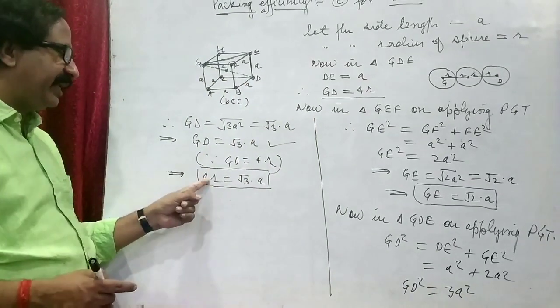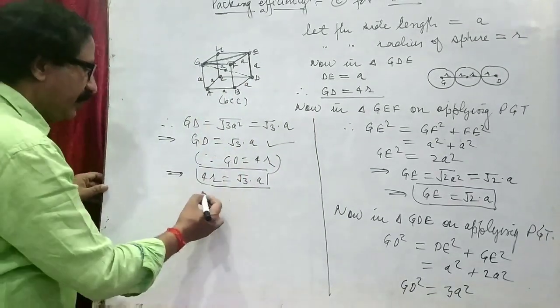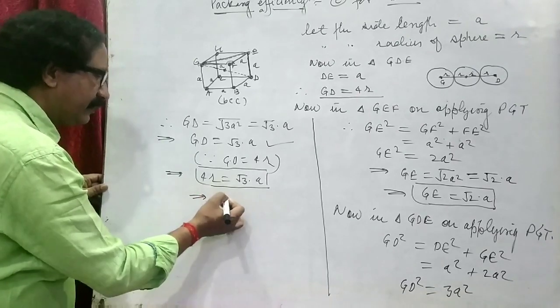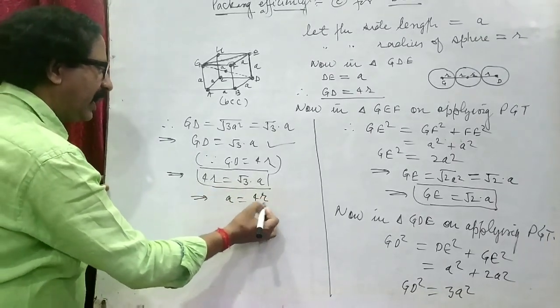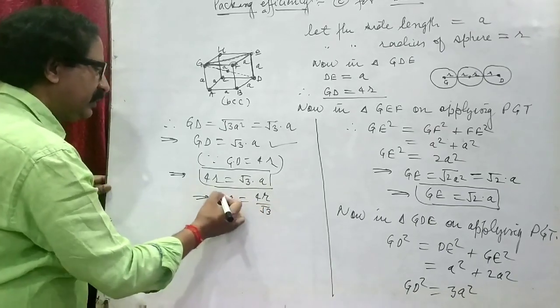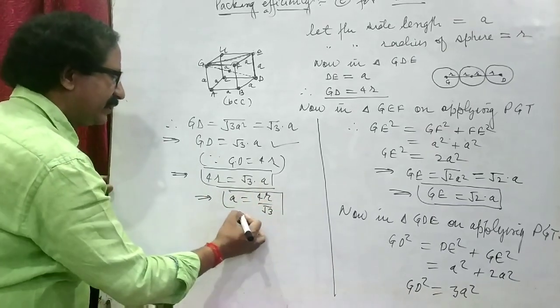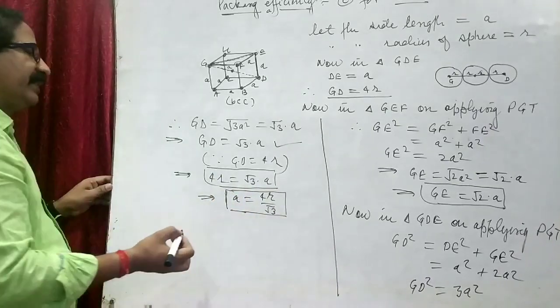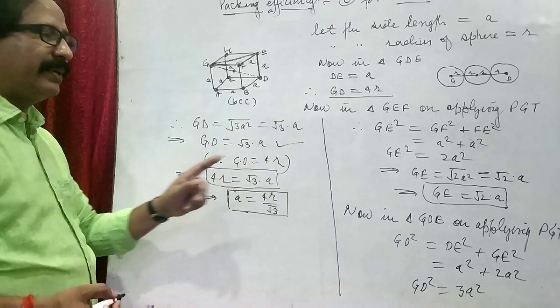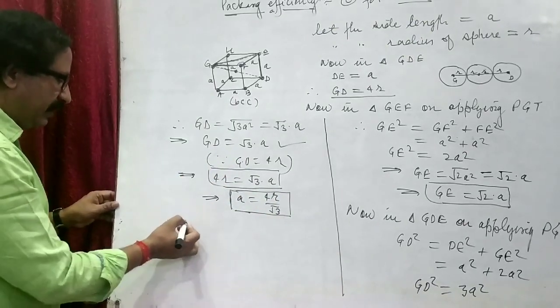Which implies, now the value of A must be equal to 4R upon root 3. This is the value of the side length in BCC in terms of R. Now apply the formula.